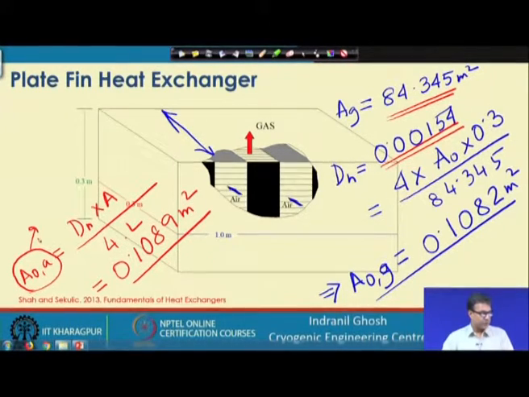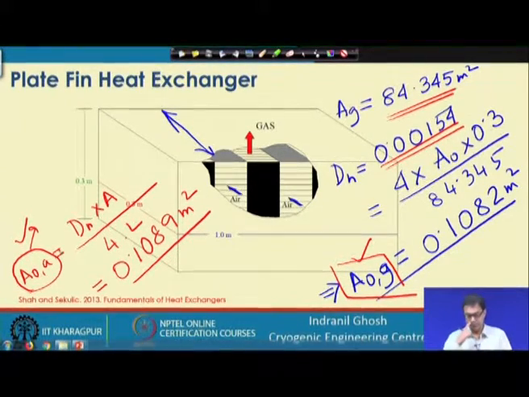So, now we have the knowledge about the heat transfer area, and we have the knowledge about the free flow area, which we have calculated based on the heat transfer surface area. Once we know these, we can also calculate what is called the void, the sigma.